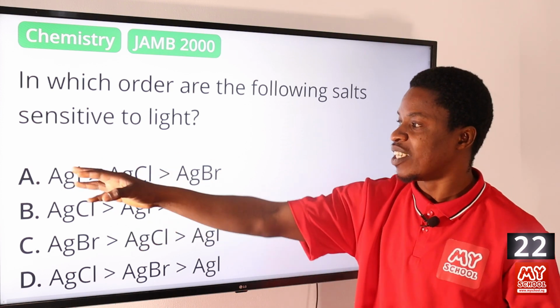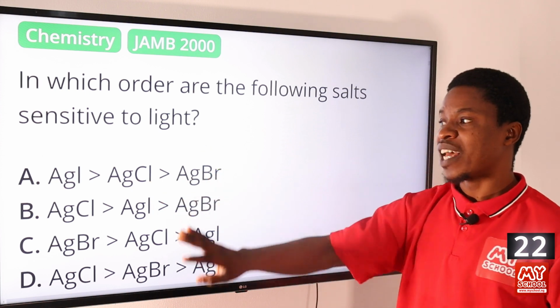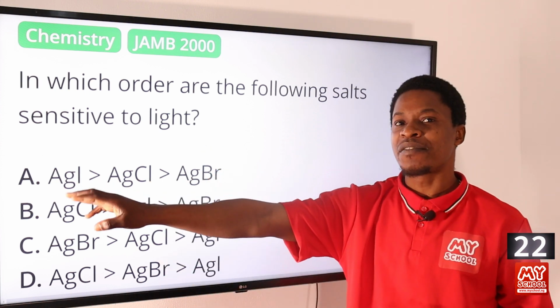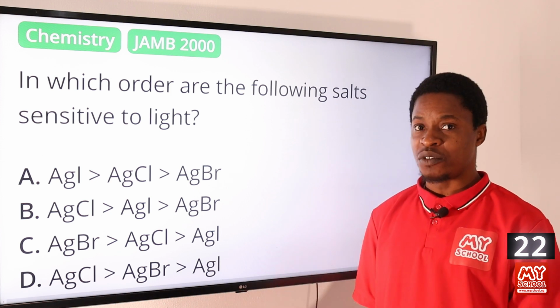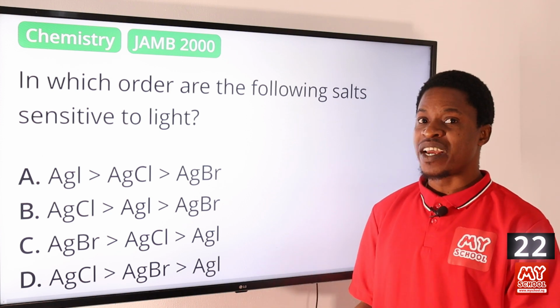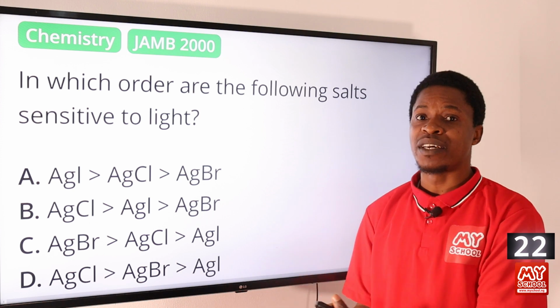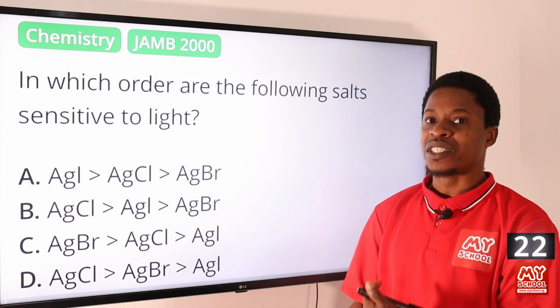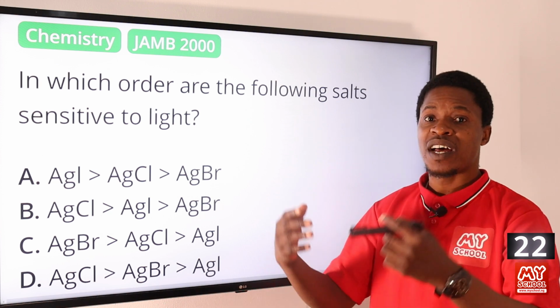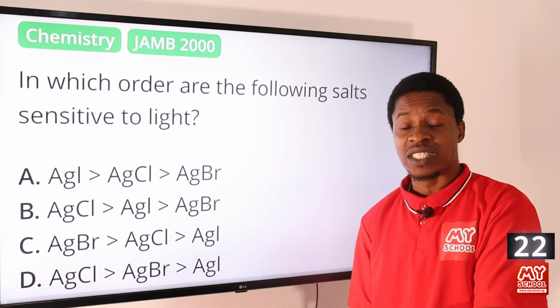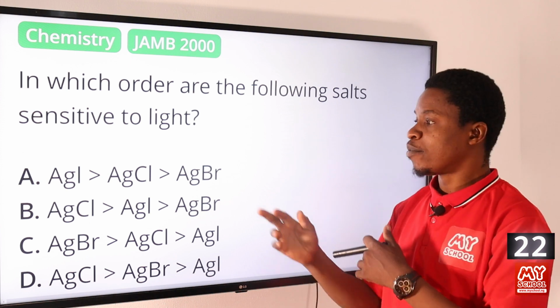Those are the three substances that we have here, and this is what we call silver halide. Halides are from halogens, group 7 elements. So when silver reacts with group 7 elements, we form silver halide. It depends on whether it is silver chloride with chlorine, silver iodide with iodine, silver bromide with bromine.